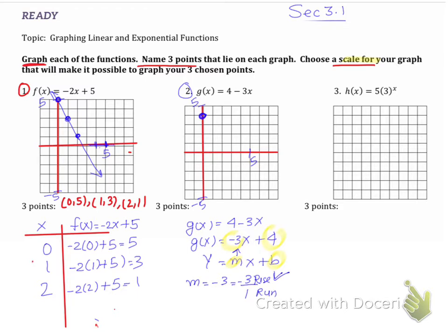So you have to go down by 3 and run 1. I'll go down by 3 here, run 1. That's my point. Go down by 3, run 1. Up to you, you can take as many points as you want, and I just connect the points. That's my line.